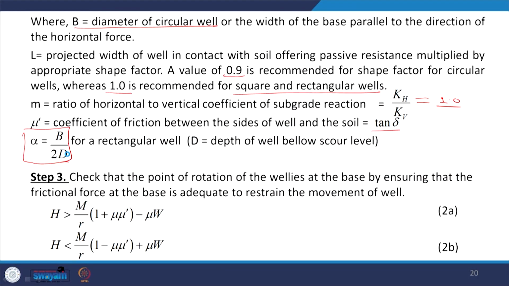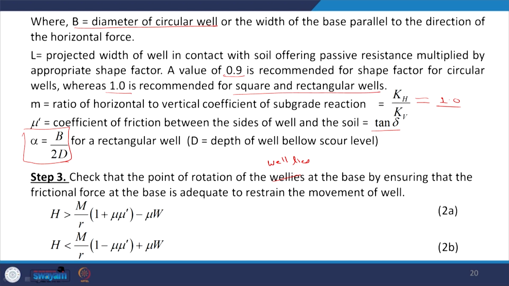So, what is the condition for stability of the well? The point of rotation of the well lies at the base, by ensuring that the frictional resistance at the base is adequate to restrain the movement of the well.